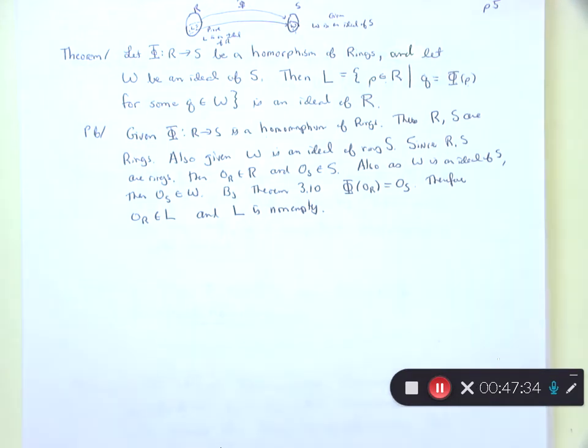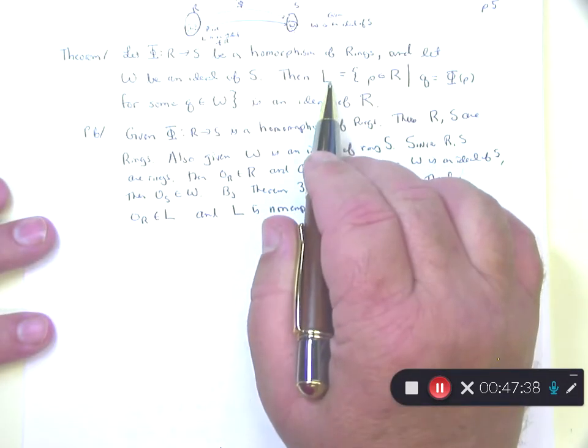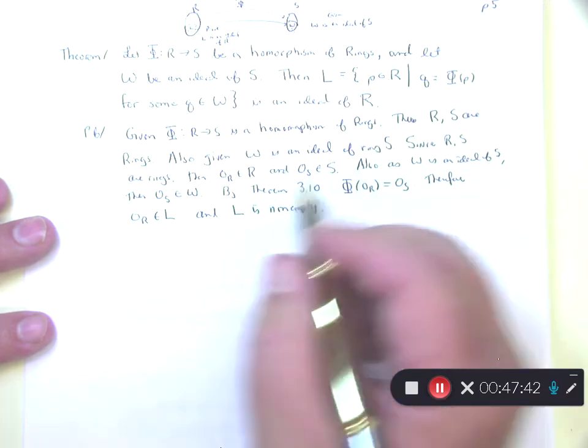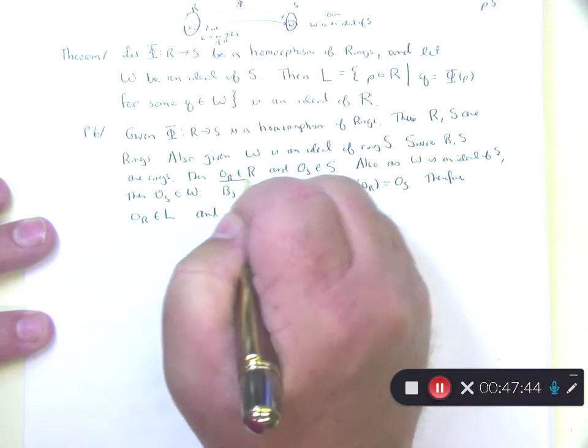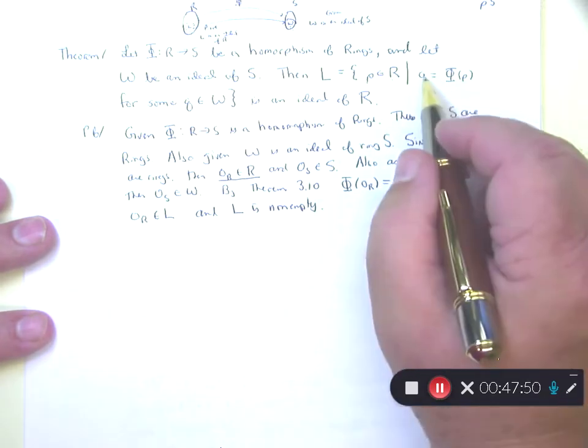So let me underline why L is non-empty. To be inside of L, where do you come from? 0R came from R. First you focus on where you come from. Then what property do you have?